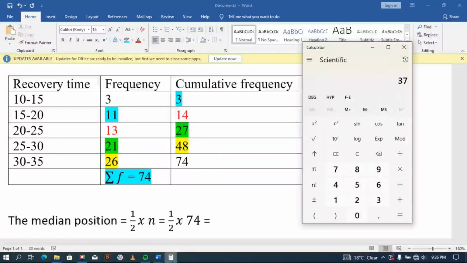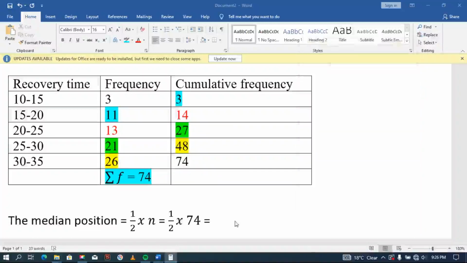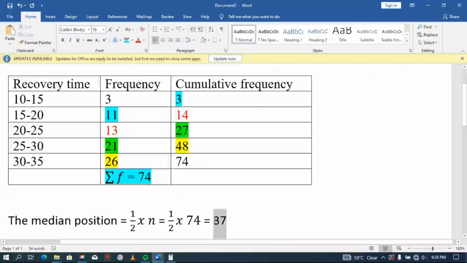Now this 37 is necessary for purposes of finding the median class, because without the median class we shall not be able to calculate the median.